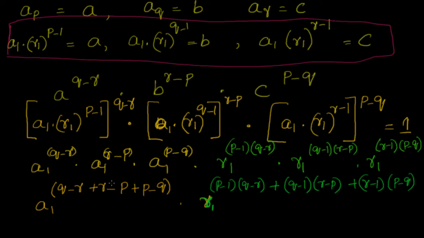Now this is nothing but equal to a1 to the power of 0, and this one also you will see that r1 to the power of 0. So anything to the power of 0 is 1, and 1 into 1 is 1.